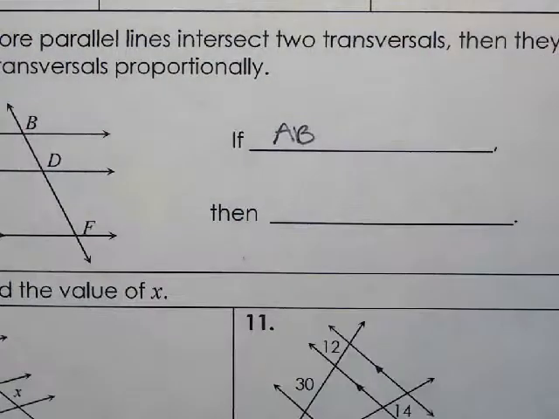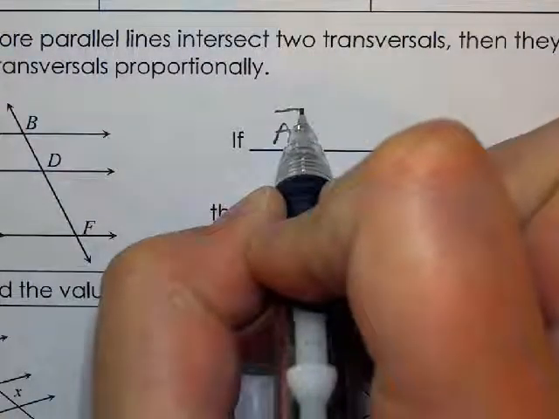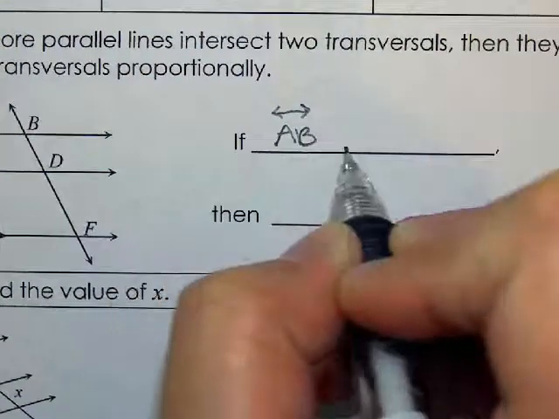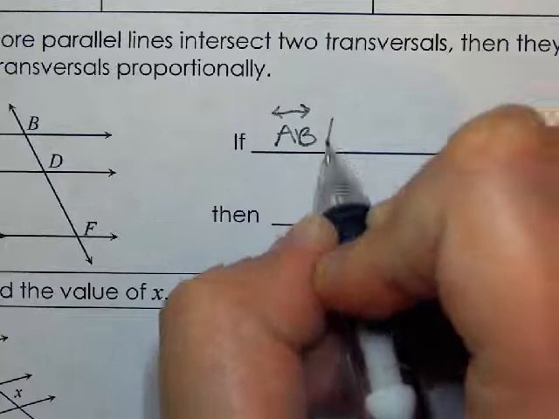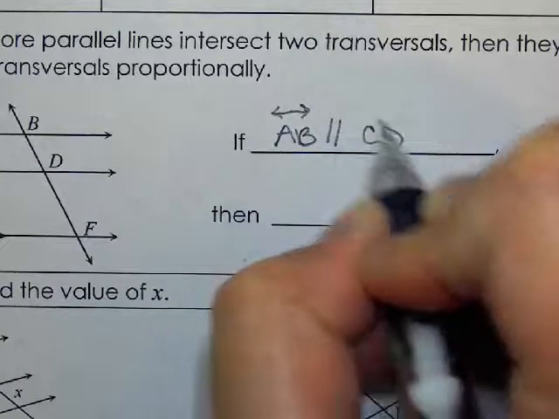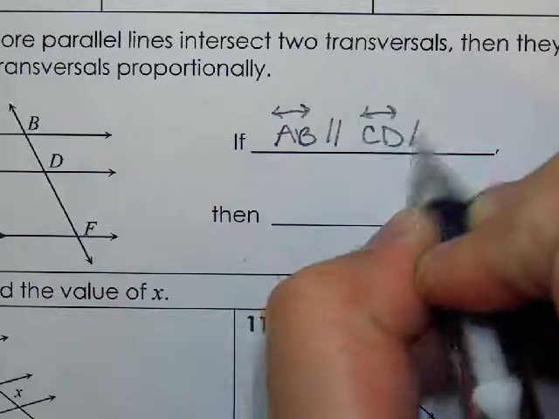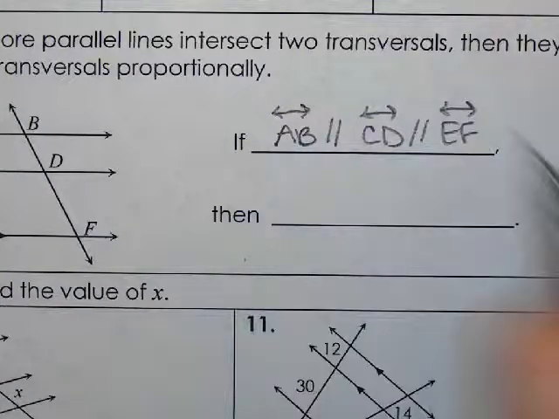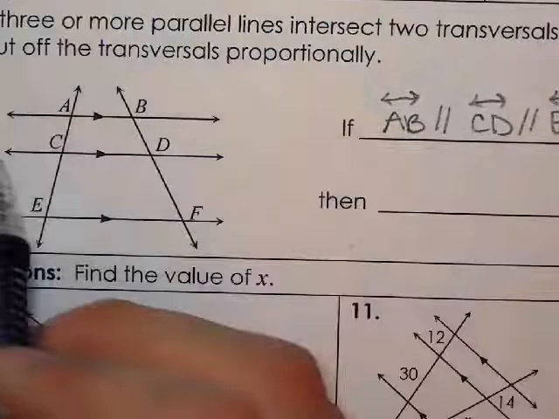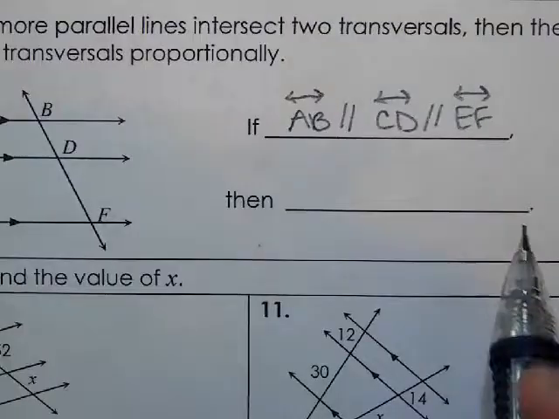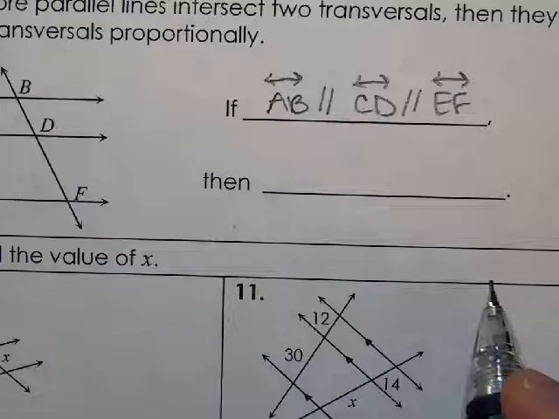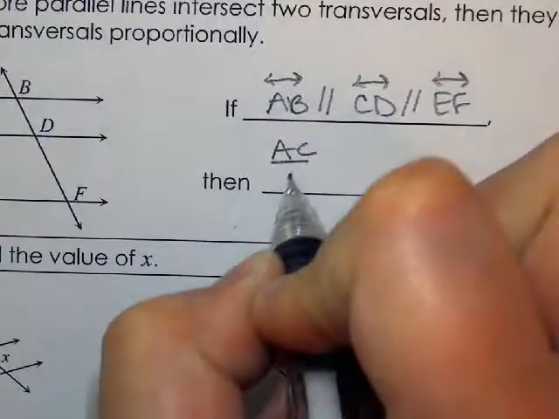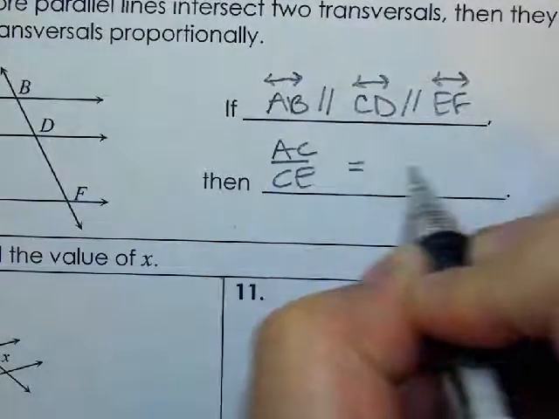So they actually put arrows on both ends of this. So if line AB is parallel to line CD, and that is parallel to line EF, so we have to have 3 parallel lines for this to work. If they're all parallel, then AC over CE and BD over DF are proportional.